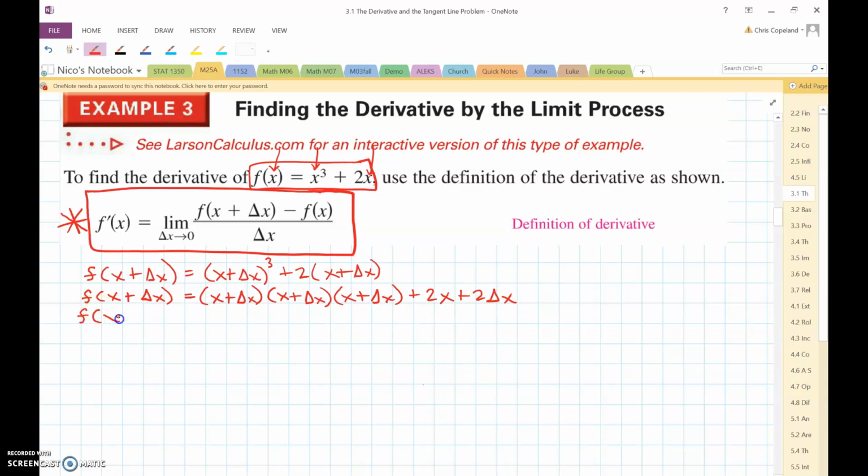Next, I will multiply x plus delta x times x plus delta x.